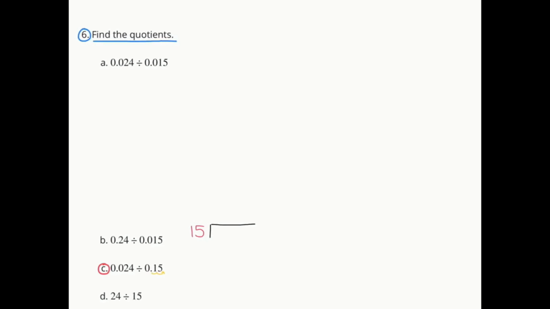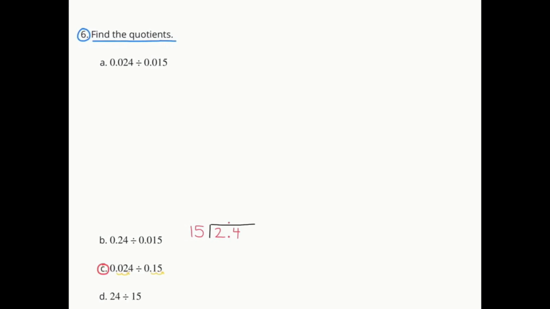C. 24 thousandths divided by 15 hundredths. I'm going to move the decimal to the right 2 places to make the 15 hundredths 100 times larger. So now I'm asking, how many times does 15 go into 2 4/10?